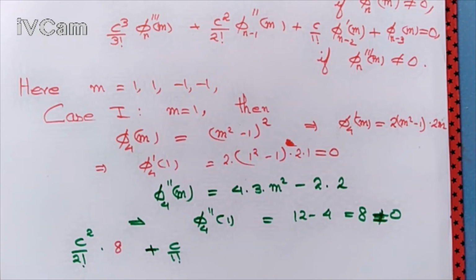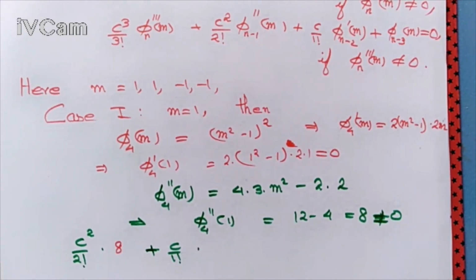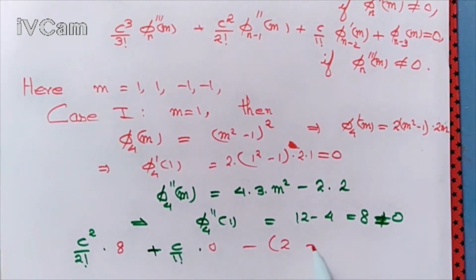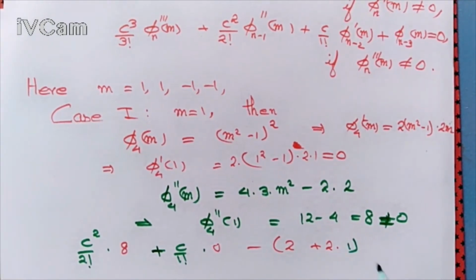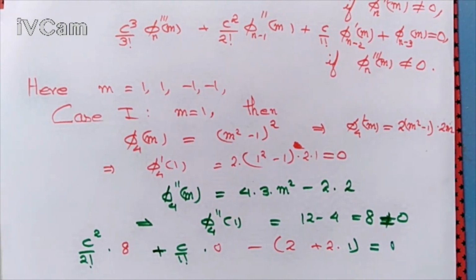Where is phi 3 dash? That is 0. Phi 3 m itself is 0, so phi 3 dash m will be 0. Then phi 2 m is minus 2 plus 2 into m square, and value of m is 1. That got to be equal to 0.